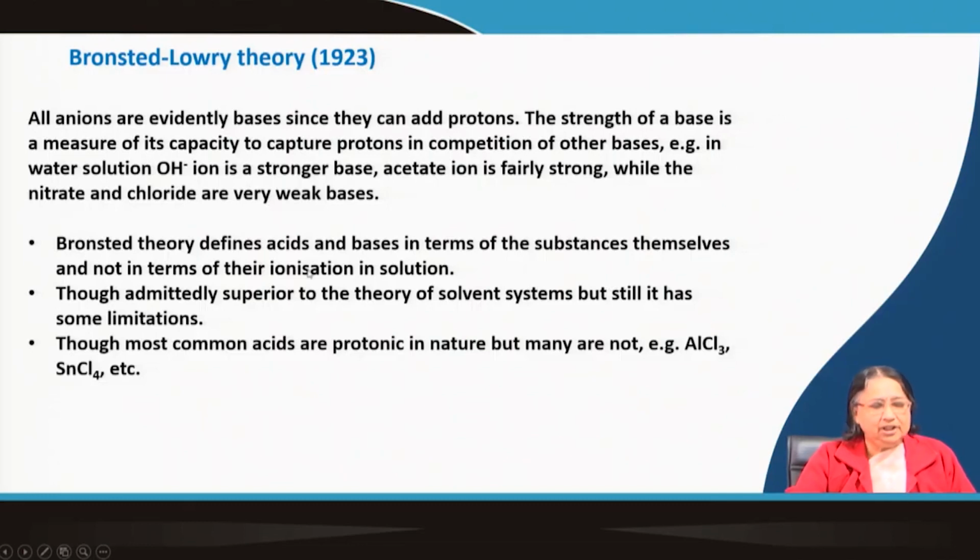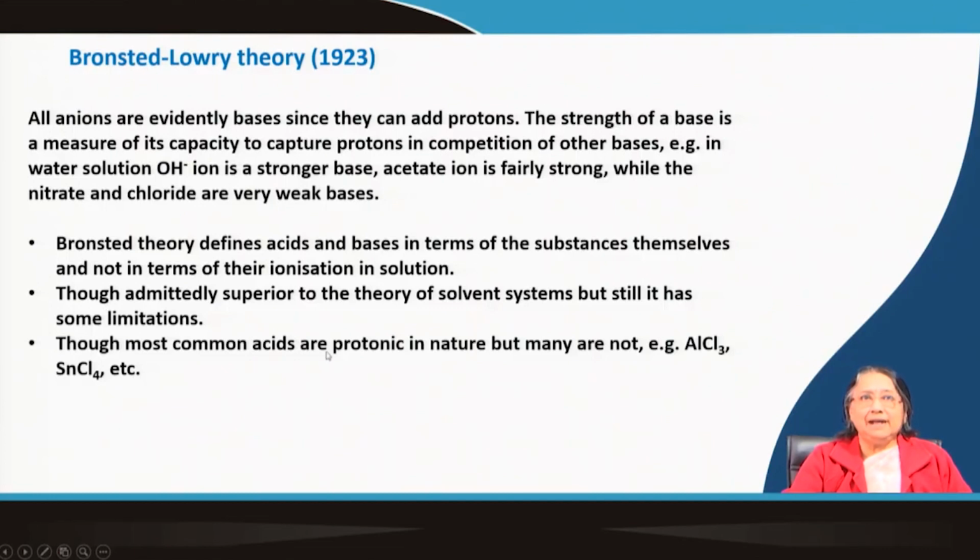Now, Bronsted theory defines acids and bases in terms of the substances themselves and not in terms of their ionization in solution. This is the positive point of Bronsted theory. Though admittedly superior to the theory of solvent systems, it still has some limitations. Every theory has some limitation. What is the limitation?